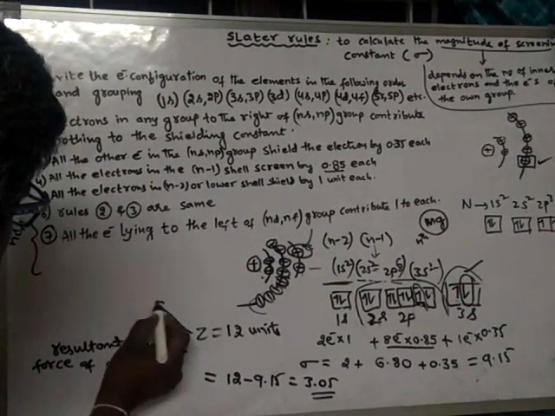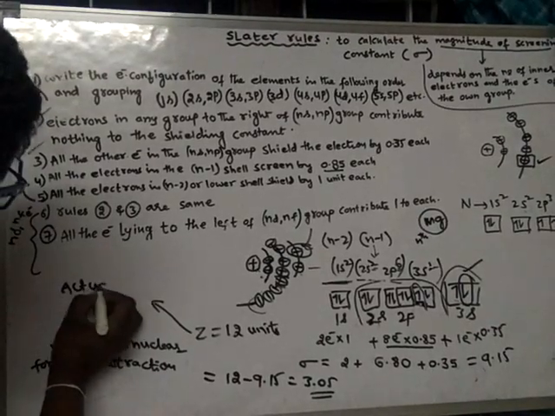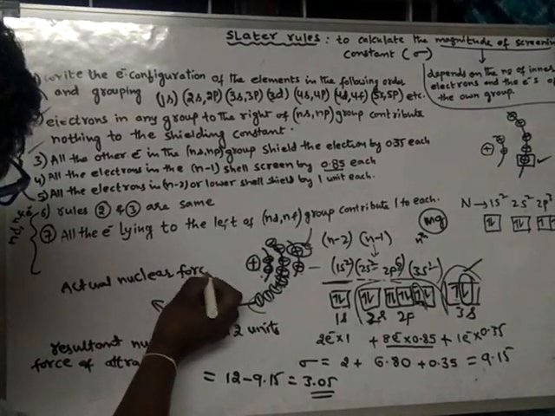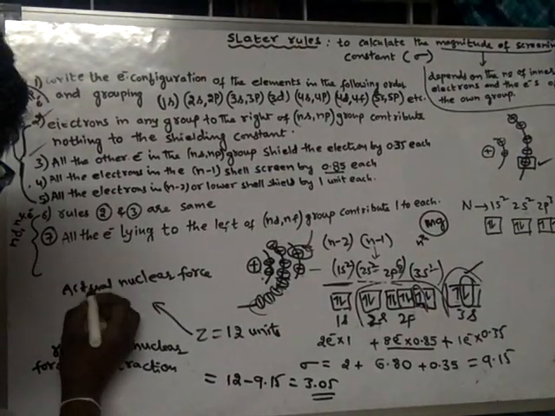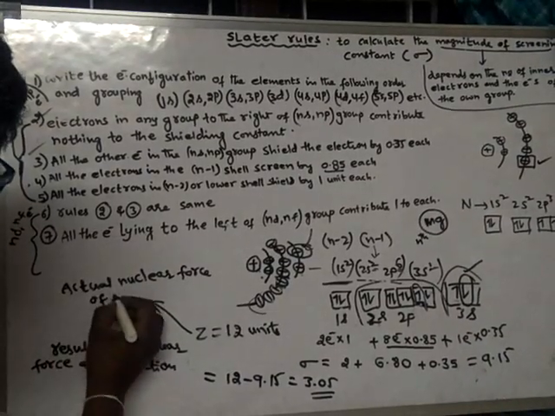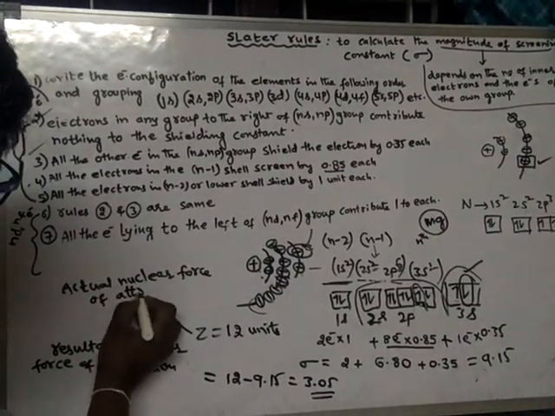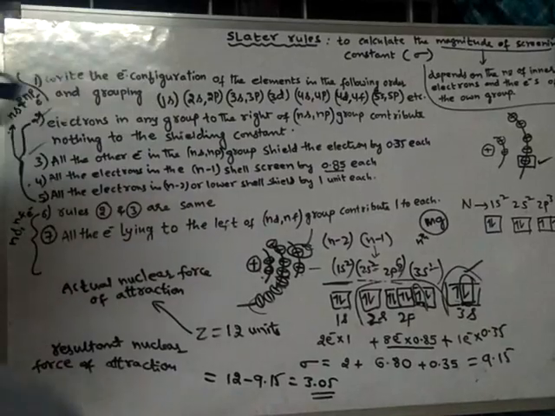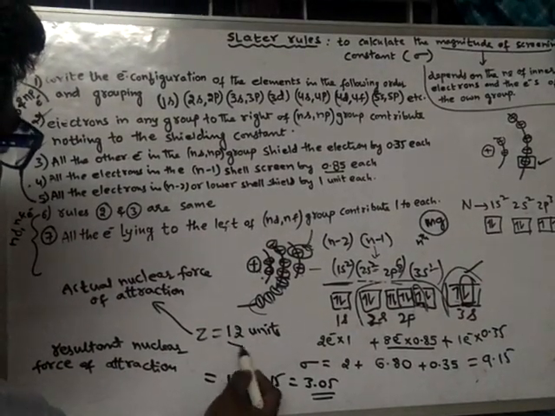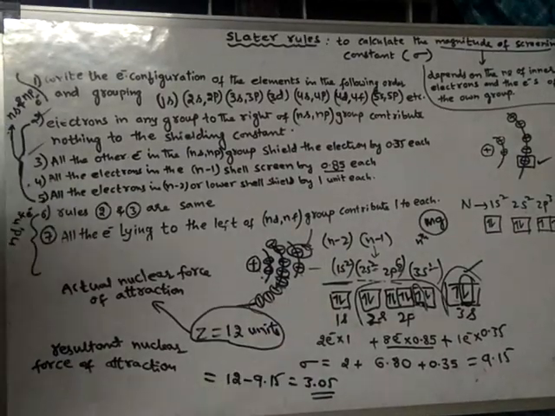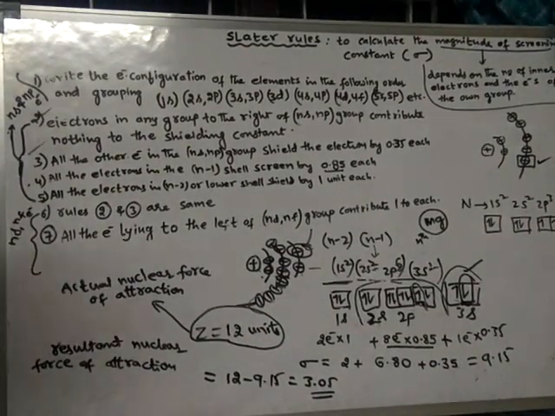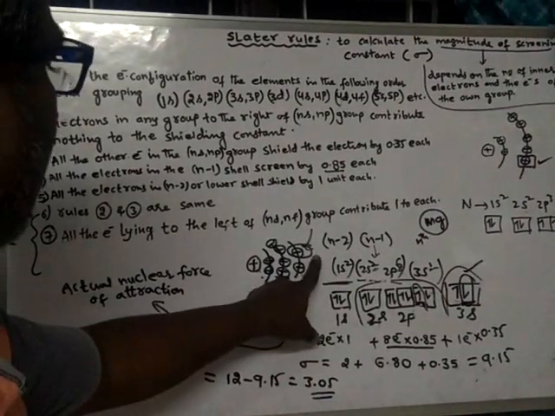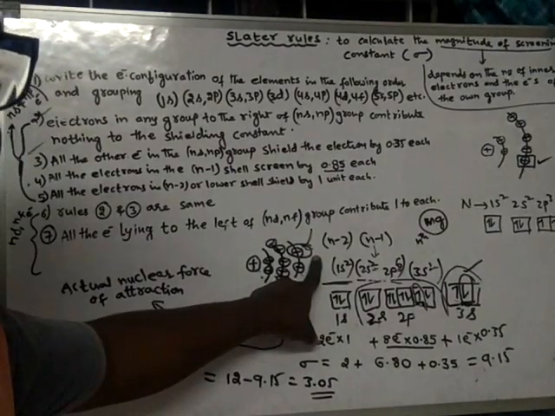What is the actual force of attraction? This is called the actual nuclear force of attraction. What is the actual nuclear force of attraction shown on this electron? It should be 12 units. But is this electron experiencing 12 units of force of attraction? No. Then how much does this electron experience from the nucleus?